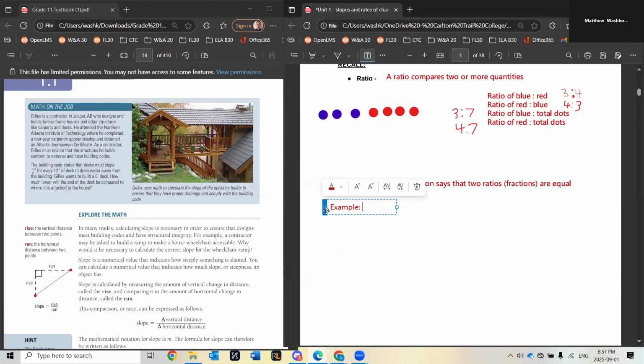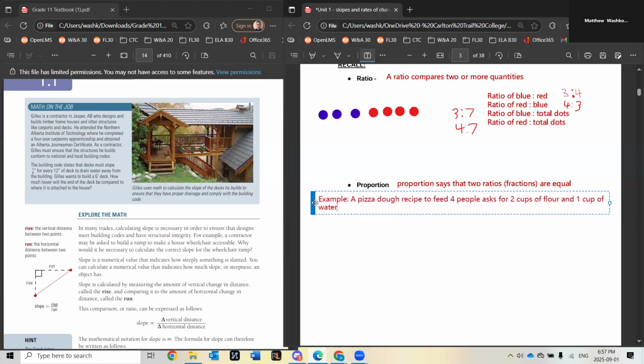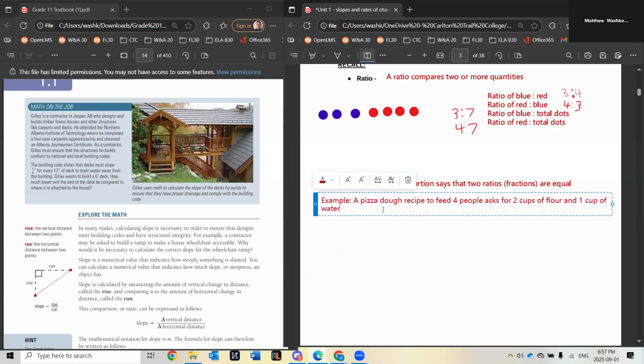Here's a nice easy example. If I have a pizza dough recipe to feed 4 people, it asks for 2 cups of flour and 1 cup of water. How much is required to feed 8 people?